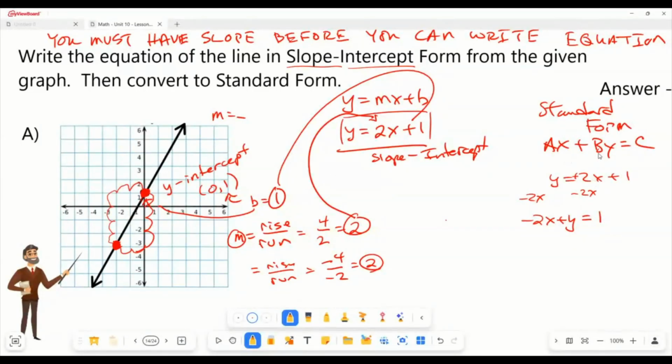Well, we're almost there. X and y on the same side. Constant on the right. No fractions, but the x term has to be positive. It's negative. We've got to fix it.